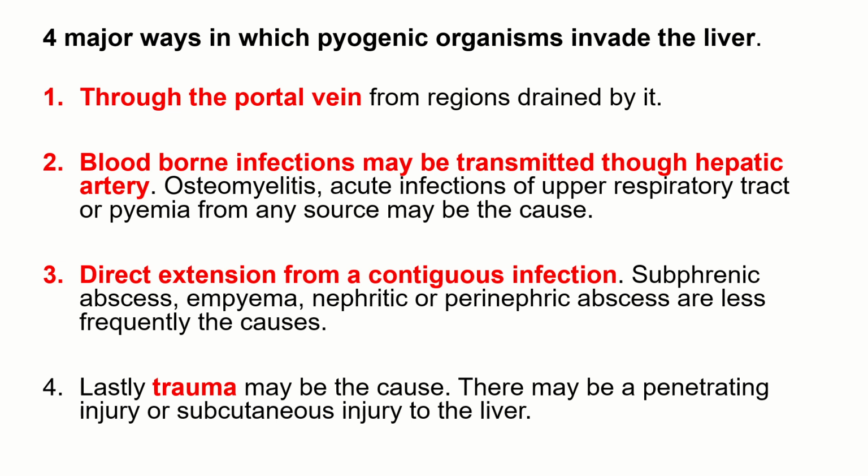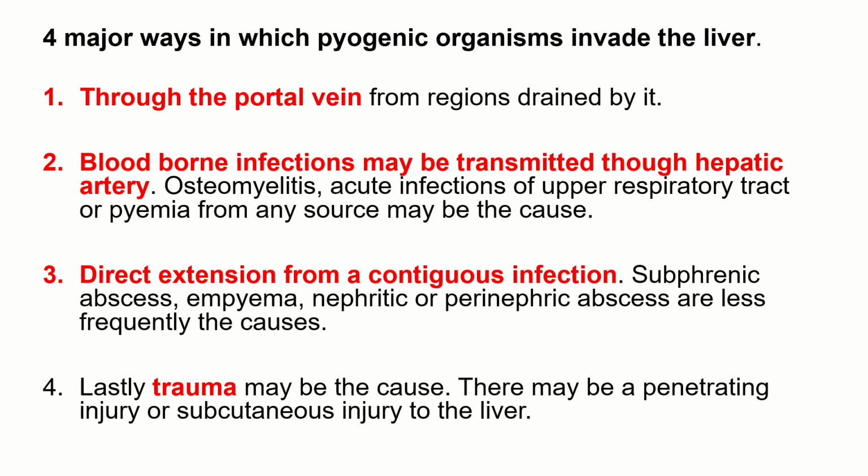Another is through the hepatic artery. If you have infection anywhere in the body, for example osteomyelitis, the infection will travel from the bone via the blood into the circulation, and via the hepatic artery it will enter the liver. So that is the second route.